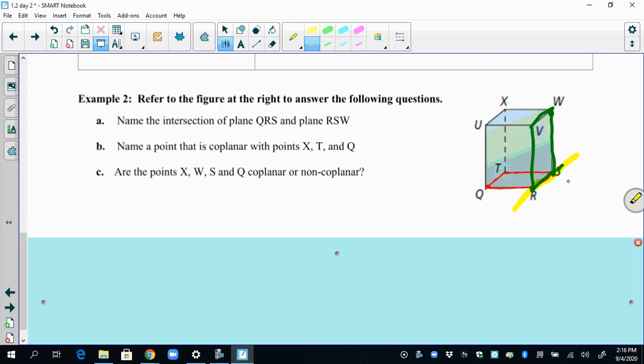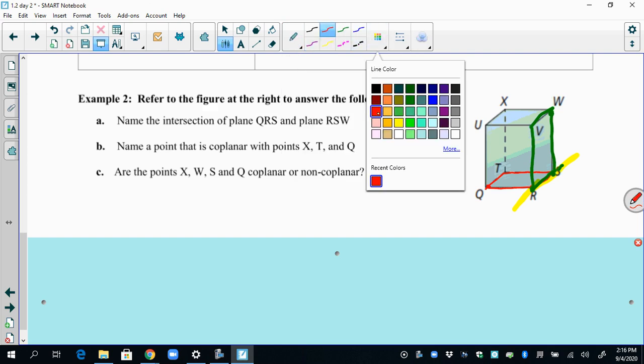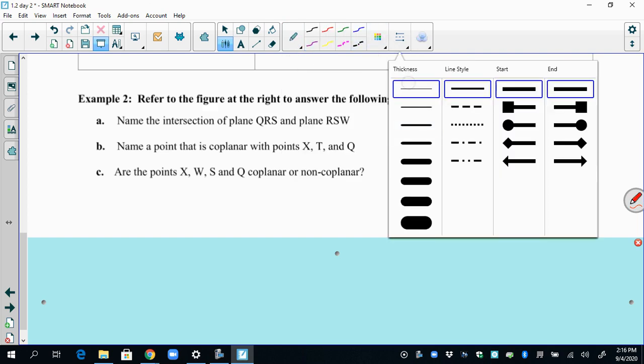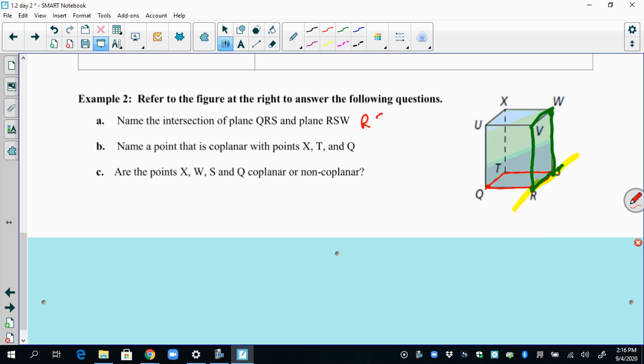That would be what both planes have in common. So the answer to that would be line RS, and put the line symbol above it. You could call it line SR. Remember, order doesn't matter in lines. The only time order matters is if you're talking about a ray.